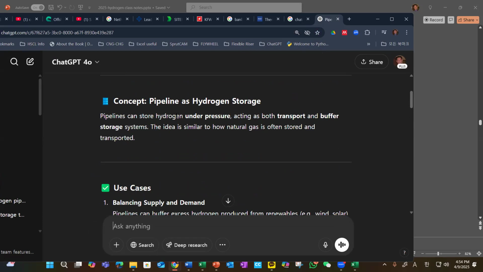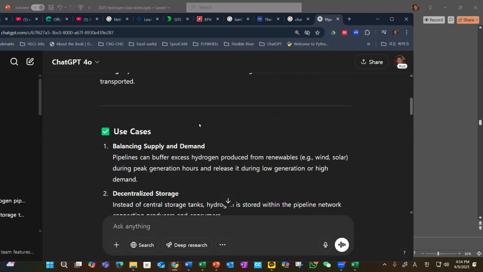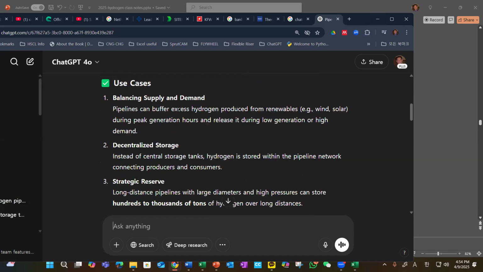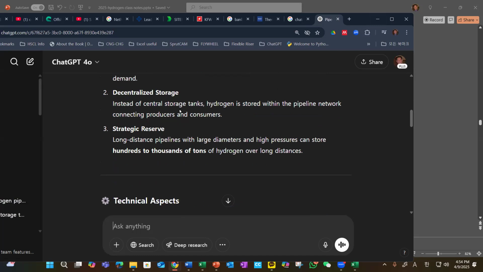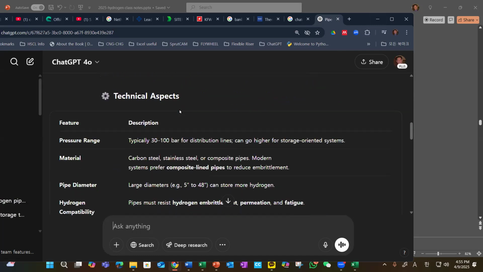The point I'd like to emphasize is that the pipeline is not just for distribution. It can be used as a hydrogen storage in certain cases, balancing supply and demand, decentralized storage and so on.